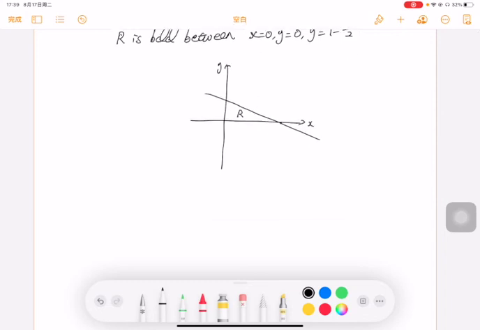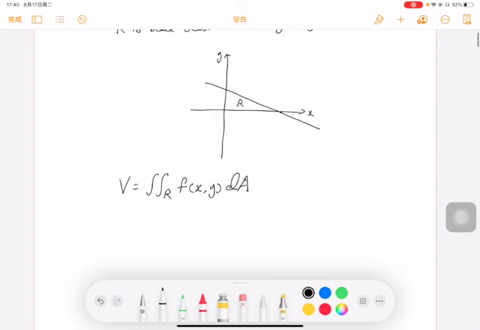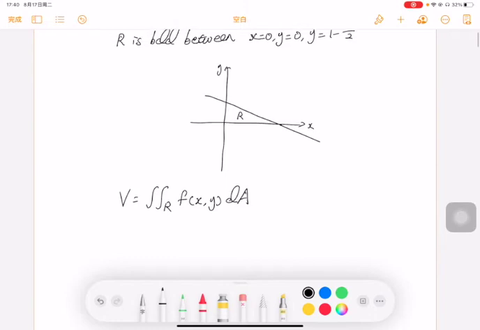Then we set up the double integral. Volume, I'm just going to use capital V here. This is the integral over R of f of x, y, dA, right? Once again, dA is dx dy or dy dx, depending on the order of integration you pick. Here, if you want to integrate with respect to x first, then dA is dx dy.